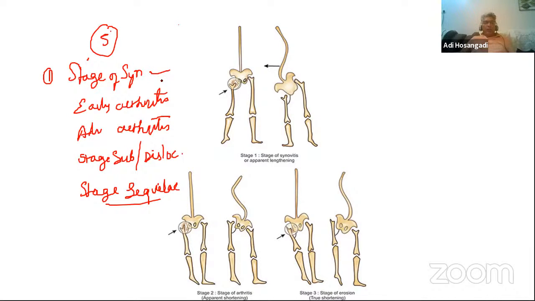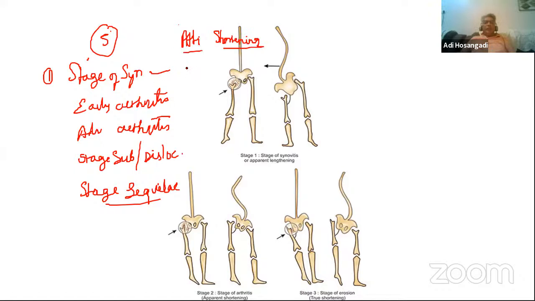What is important is the clinical picture in different stages, with respect to attitude of the limb and with respect to shortening. This is very, very important.